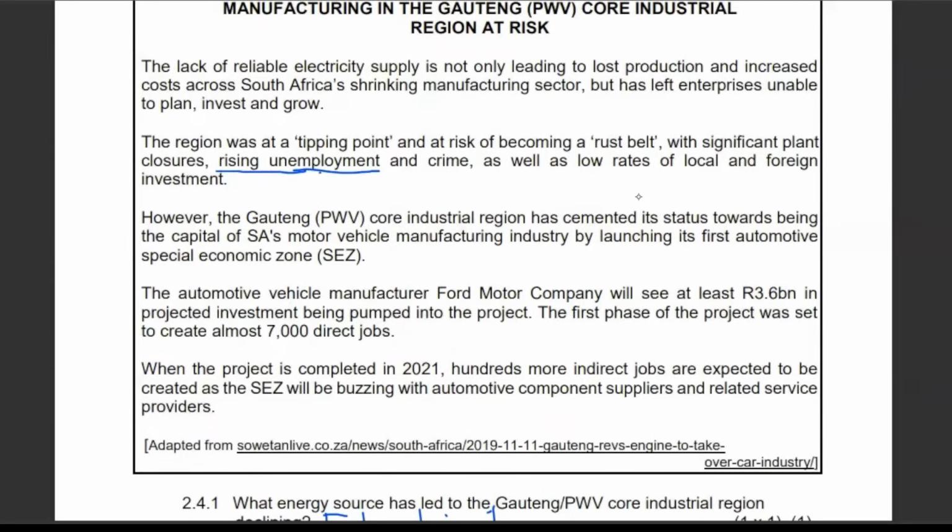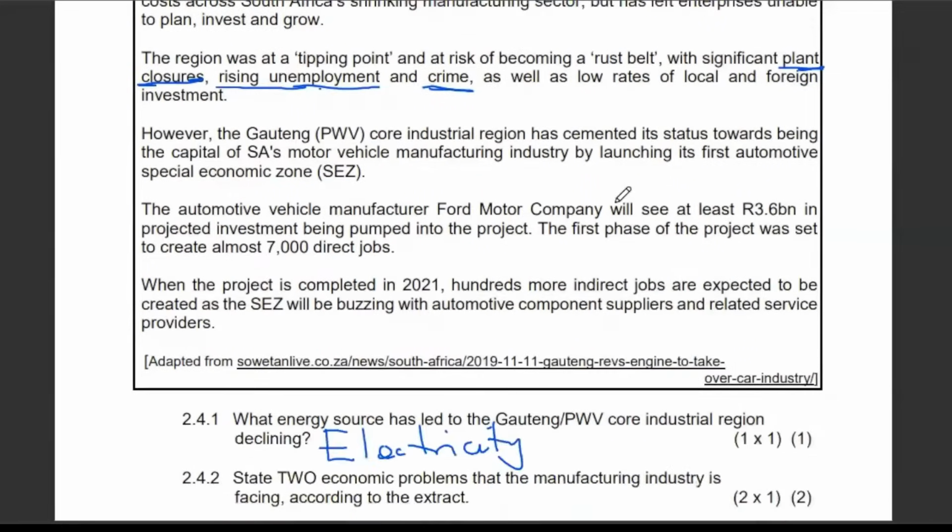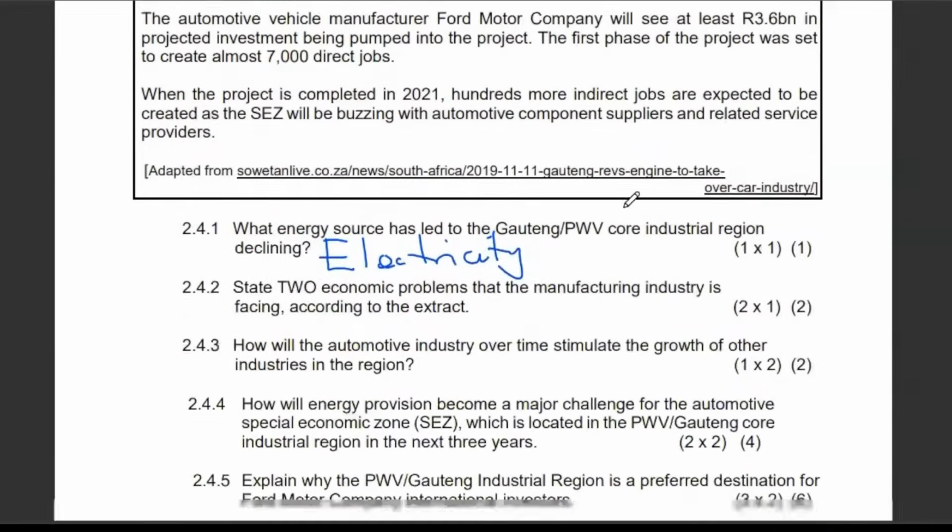Then there's plant closure, it's another factor. So there are plant closures, rising unemployment, and also we have a problem of crime. It's another typical problem. So if we check on those three, they qualify to be part of the problems that are faced by the industries in the Gauteng PWV.